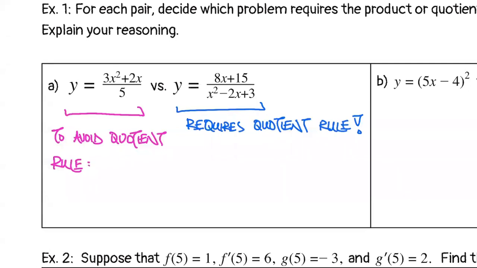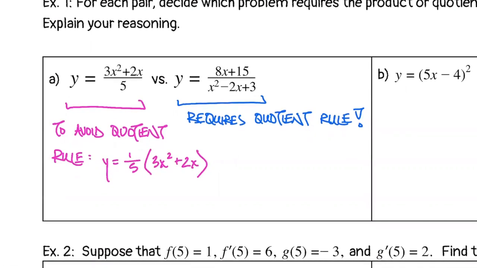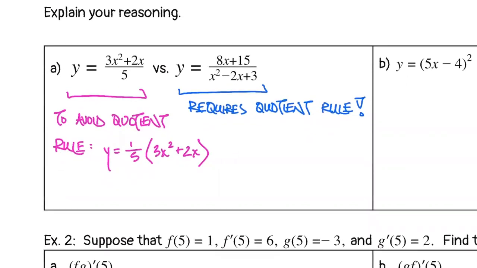You can remove 1/5 as a constant. Okay, so I think there are perhaps a few ways to do this. We could bring a 1/5 all the way to the front. That would be okay. And then we could use a constant multiple, okay?